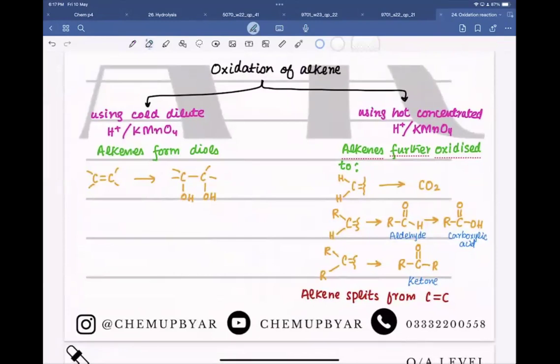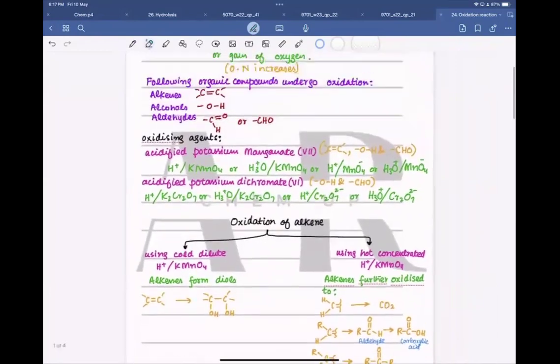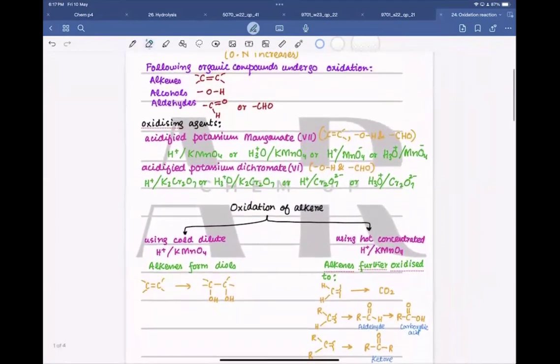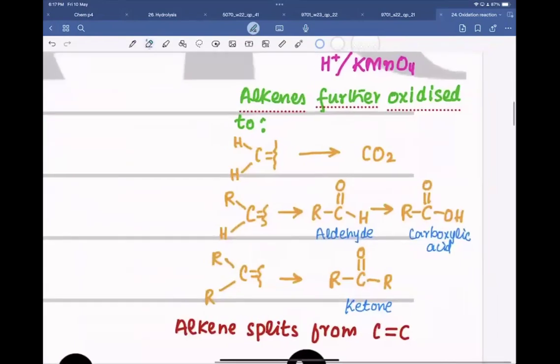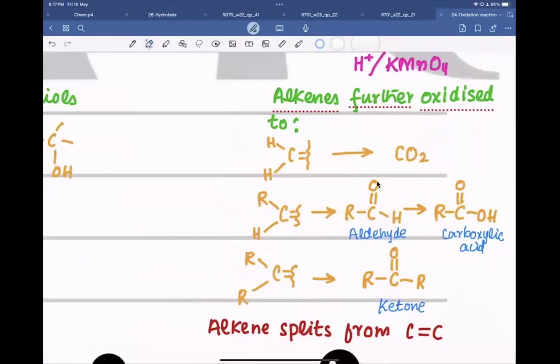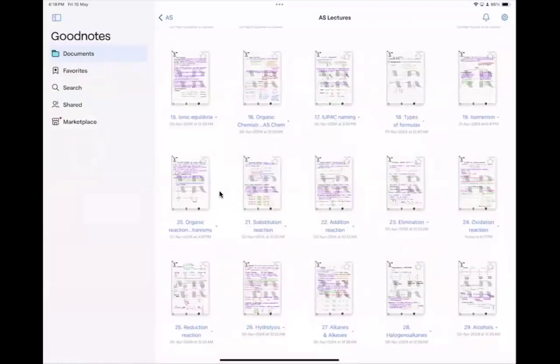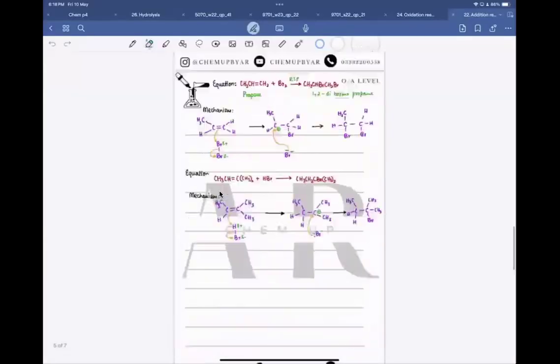Otherwise, you get carbon dioxide, carboxylic acid, and a ketone. So that's why it's not an oxidation, it's an electrophilic addition. That's what you have studied: when an alkene turns into a simple alcohol, that is an electrophilic addition. Look over here.